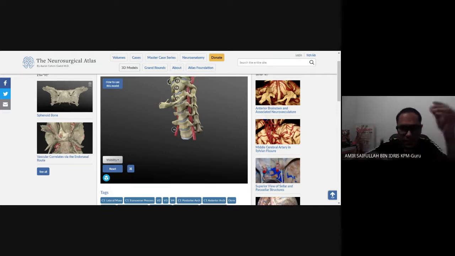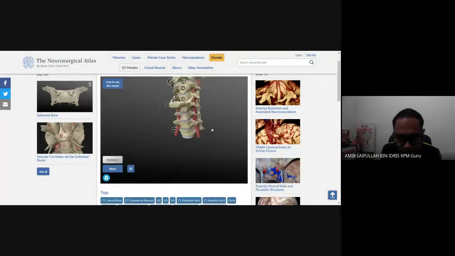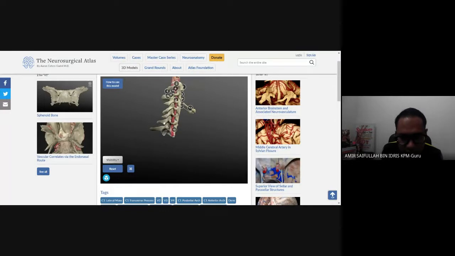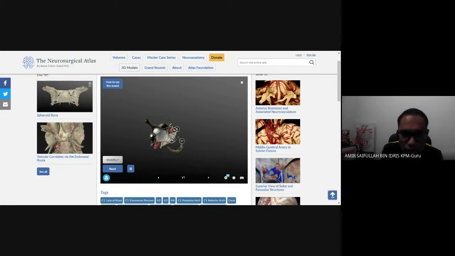So all the muscle will connect to the transverse process. Transverse tu maksudnya tepi. So you see on the left and right, there's a transverse process. At the back, you have spinous process. And this white one is the neural canal.